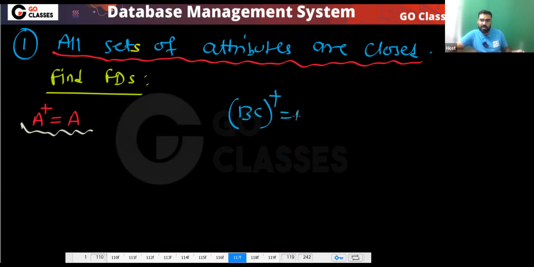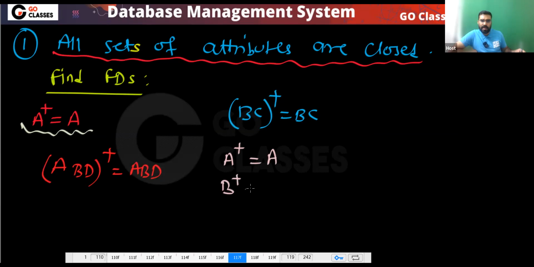If I take ADE, or maybe ABD, that also will be closed. So whatever set of attributes you take is closed. Is this clear? Now from this question, I can say that A plus is closed, A is closed, so A cannot determine anything, right?